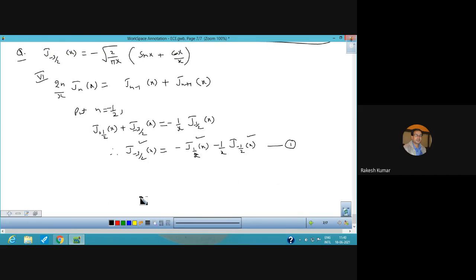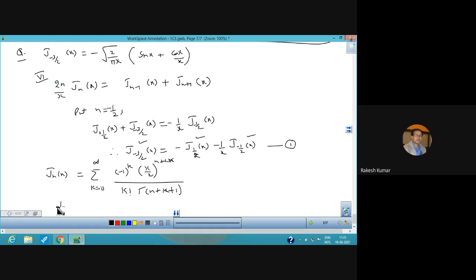What do you do? Now we know that your Jn x is summation k is 0 to infinity, that is minus 1 raised to power k, x upon 2 raised to power n plus 2k, and divide by k factorial gamma n plus k plus 1.